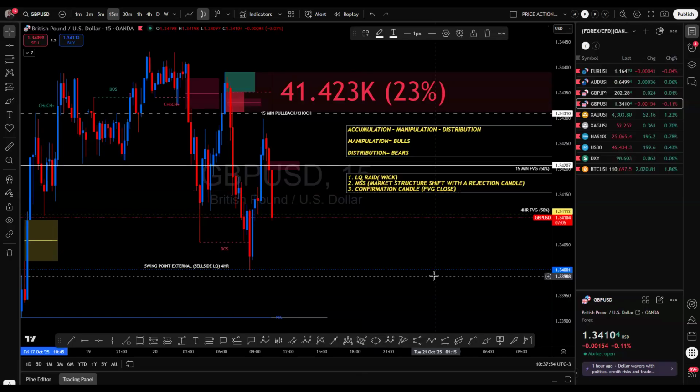Looks like we have strong displacement here. Let's see if I can hit my target and close my partial.